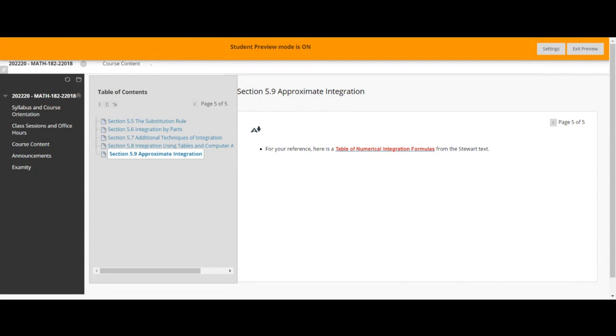And there is a link there for a table of numerical integration formulas. If you click on that link, it'll allow you to download a table of numerical integration formulas that I prepared for you. And what that table should look like is this table.